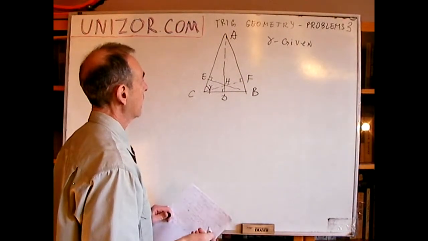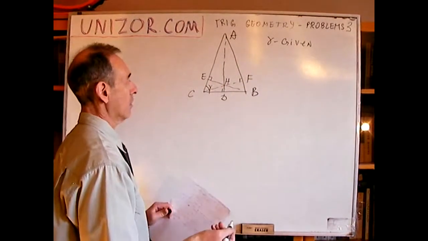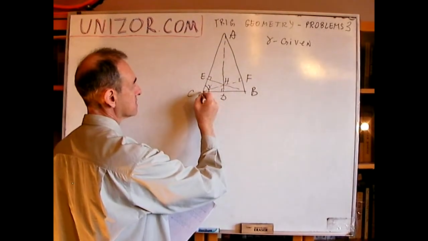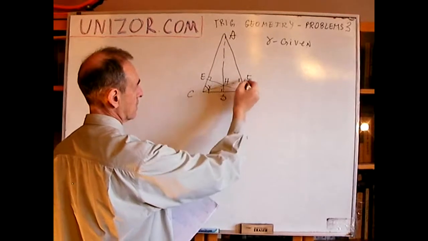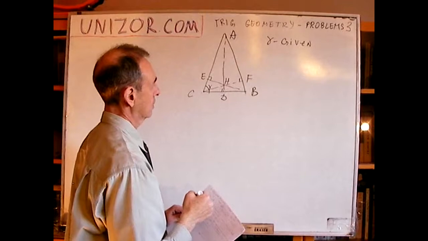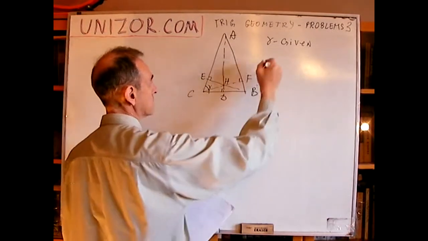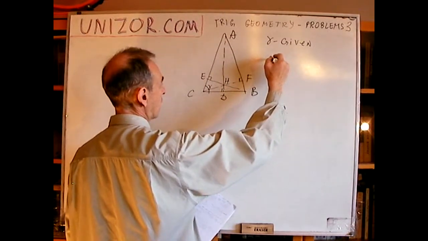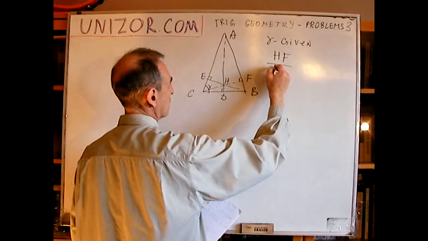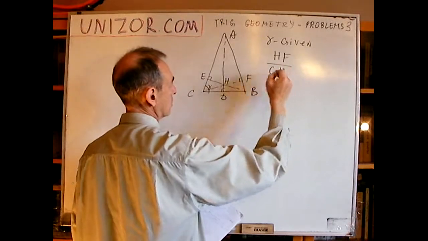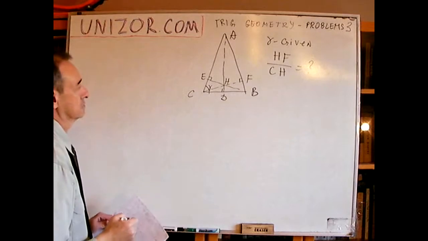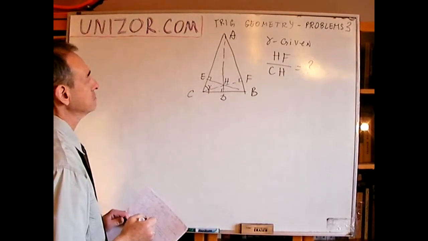I have to find out in what ratio point H divides the altitude from C to F. So basically I have to find out the ratio HF divided by CH. All right?